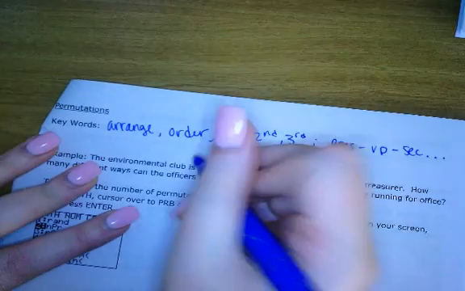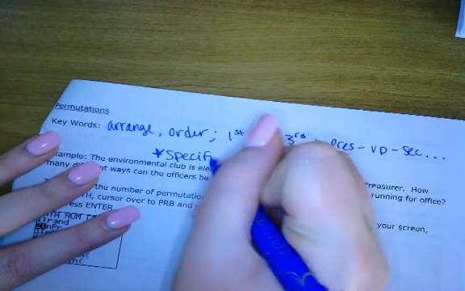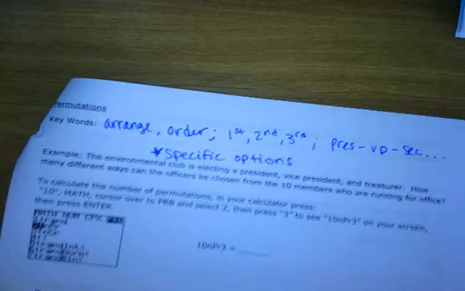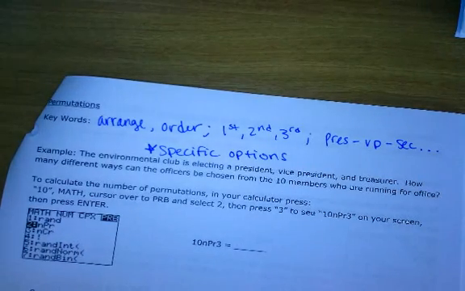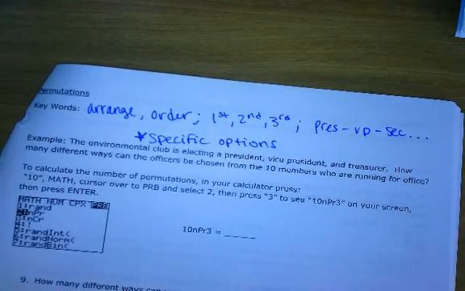Basically anything where you have specific options. They give you very specific spots that you're trying to fill those people in. My absolute favorite part about these is that the calculator makes it super easy.